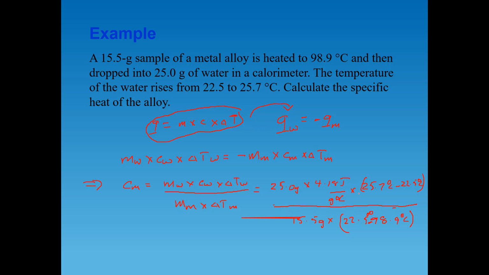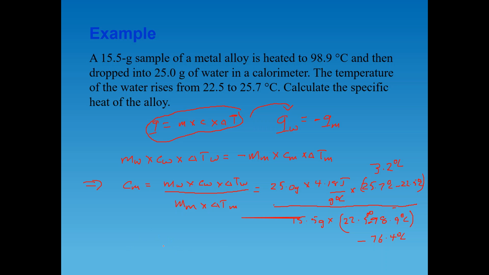So what I'm going to do is work out what's within the parentheses. 25.7 minus 22.5, according to my calculation, is going to be equal to 3.2 degrees Celsius. And then 25.7 minus 98.9 will be equal to minus 76.4 degrees Celsius.